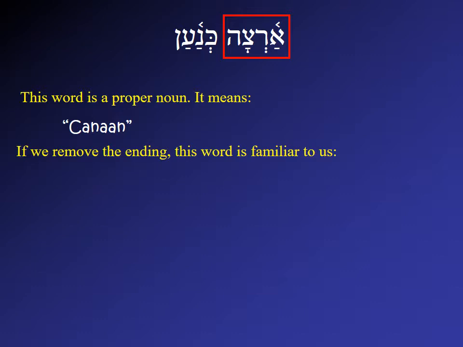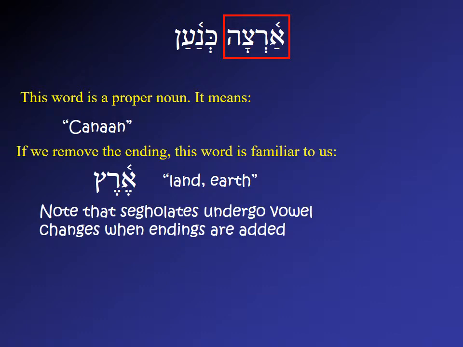Our second word is arza. Now, if we were to remove that ending and play with the vowels a little bit, we would recognize a noun, eretz. Eretz, of course, means land or earth. Now notice that eretz, when we put an ending on it, underwent a vowel change from e to a.